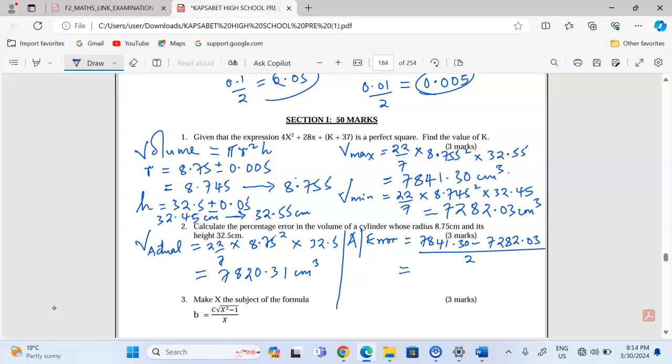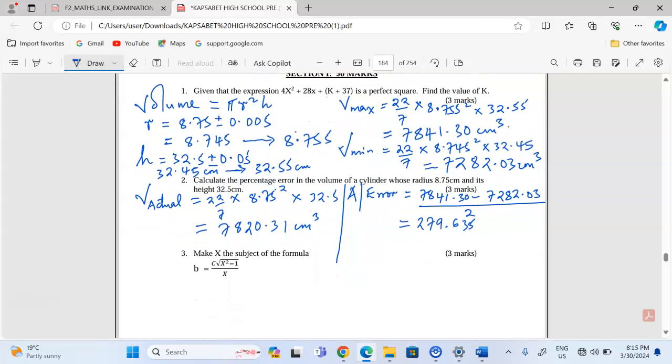So we take 7841.30 minus 7282.03, then we divide by 2. This is going to give us 279.635. That is the absolute error.